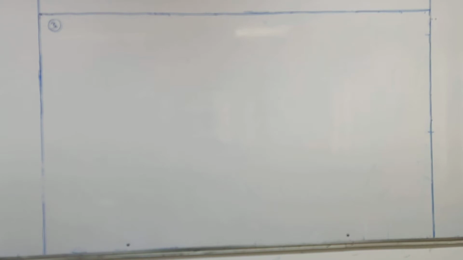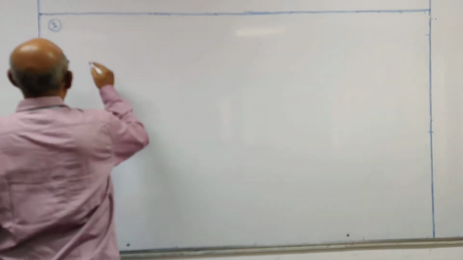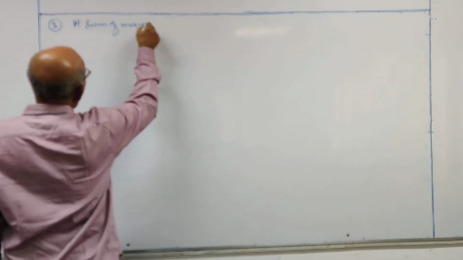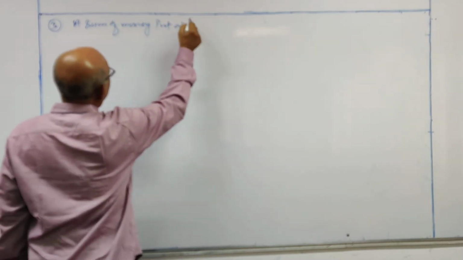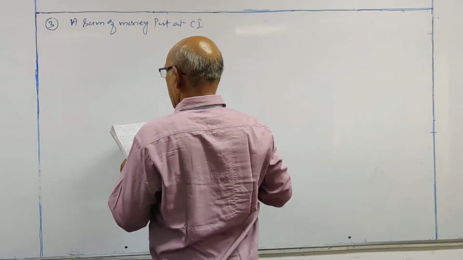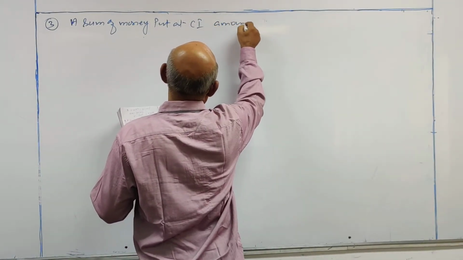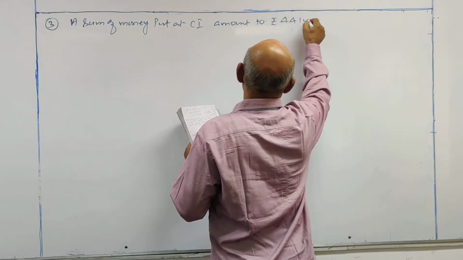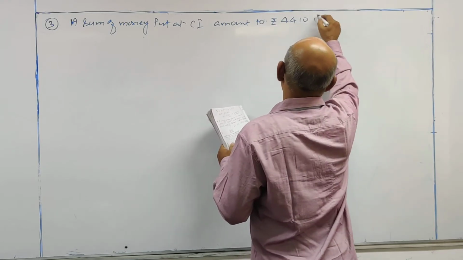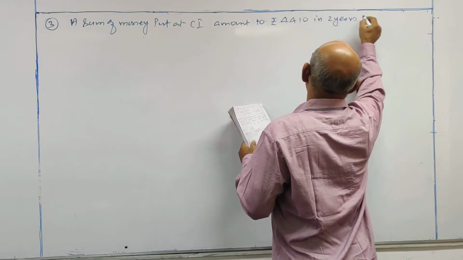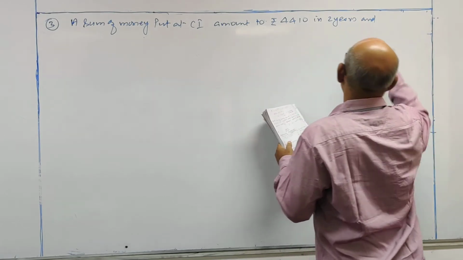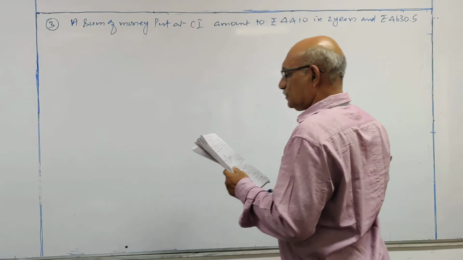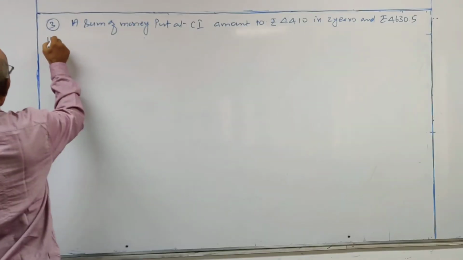Let us see one more question of this model. A sum of money put at CI amounts to rupees 4410 in 2 years and rupees 4630.5 in 3 years.